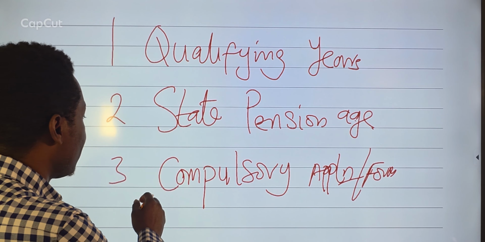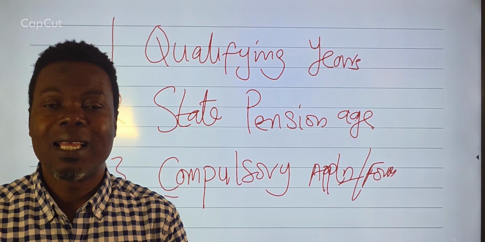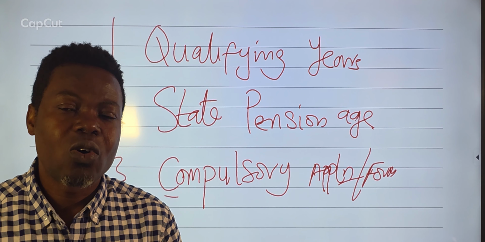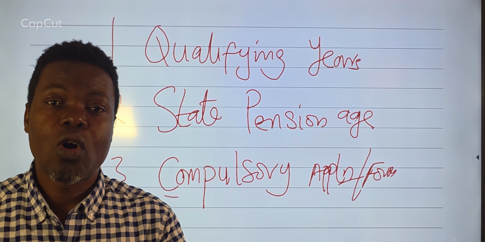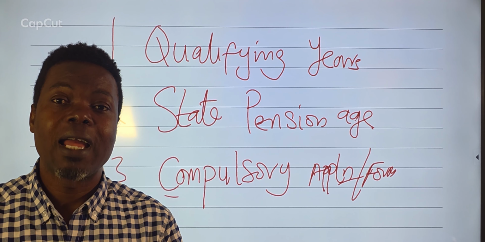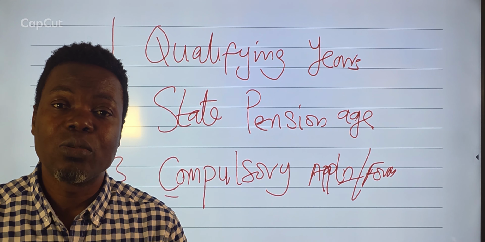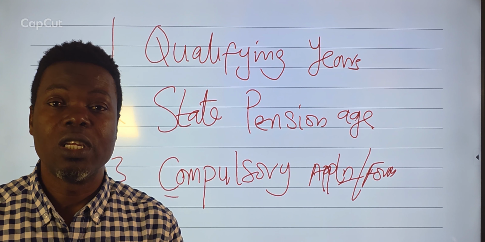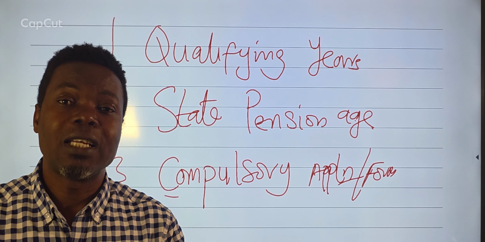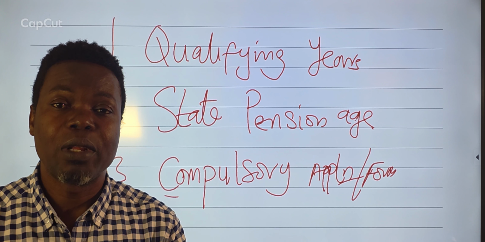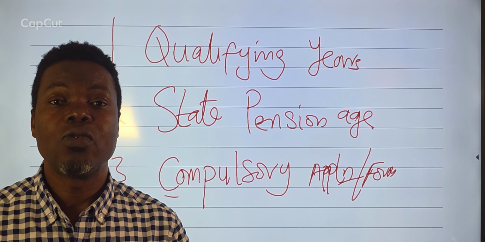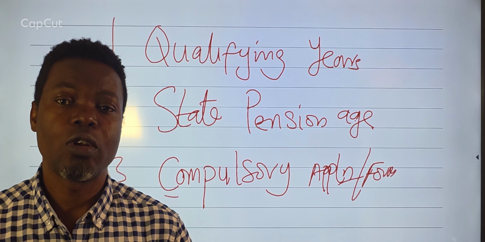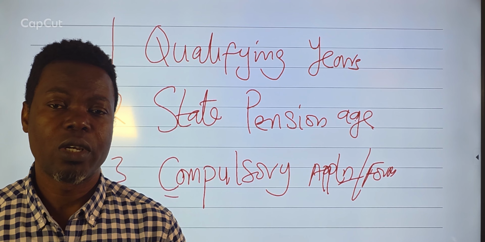Now, the number 3, although this number 3 per se is not a condition, but if you look at it in another way, it's also a condition, because if you don't complete an application form online, you are not going to automatically be receiving money from the UK government. You need to compulsorily fill an application form notifying the UK government that you have met the 2 requirements for you to qualify to be receiving payment from the UK government.